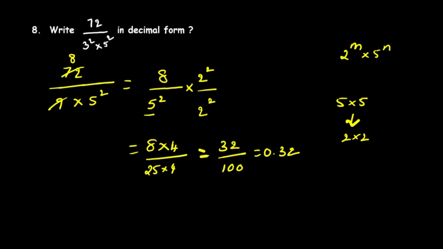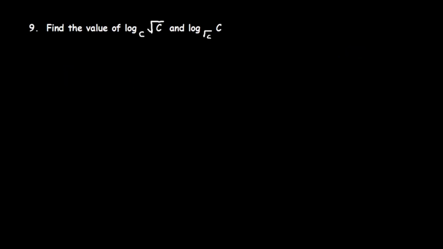The next question, yes, it's very interesting. So log root c base c. First of all, here 2 questions we have, log root c base c and log c base root c. Okay, so both have different answers. The first one, log root c base c. So how to write this one?